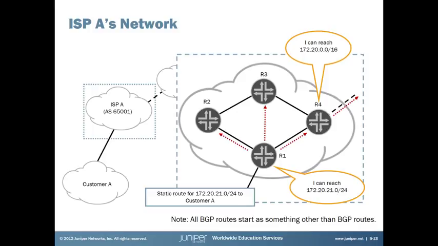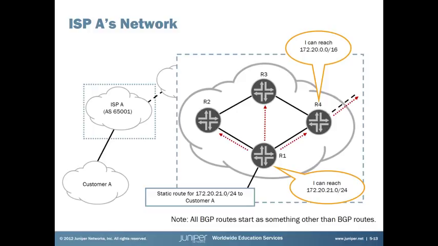This is a really important note here at the bottom: all BGP routes start as something other than BGP routes. That's an important thing, isn't it? What we're saying is that BGP doesn't go around automatically figuring out routes for itself. Any route that BGP knows about has come from another protocol.